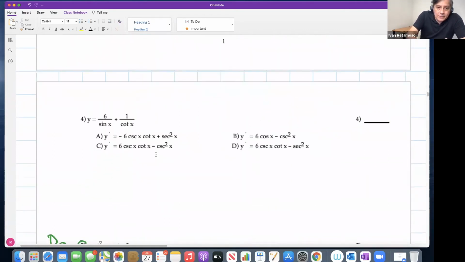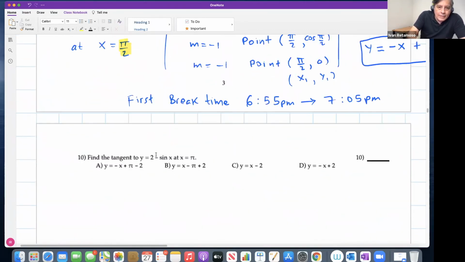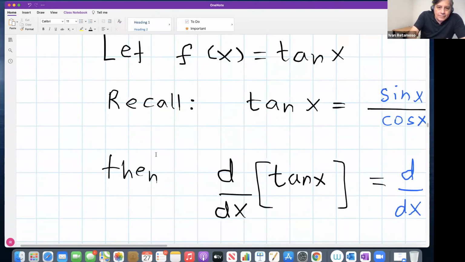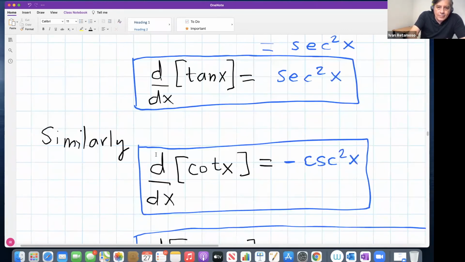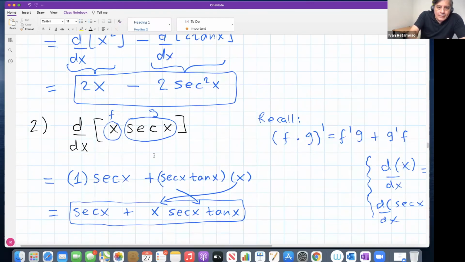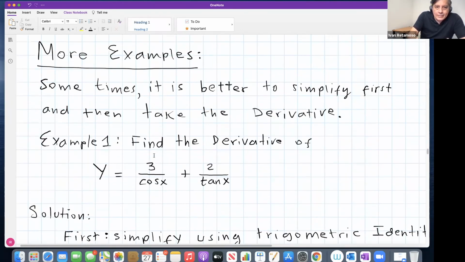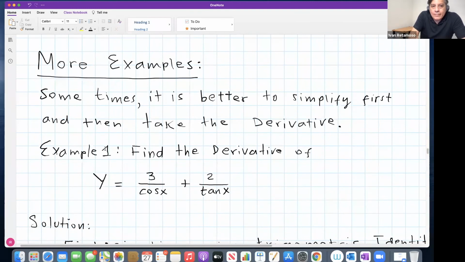How does it work, Professor? Well, let me give you a couple of examples here. The first example is this, and this is going to help you also with your homework, guys, so try to catch the strategy. It says more examples here.